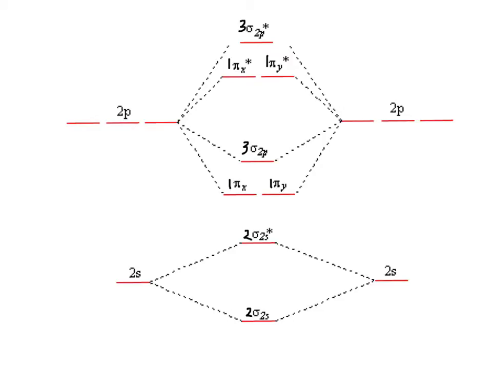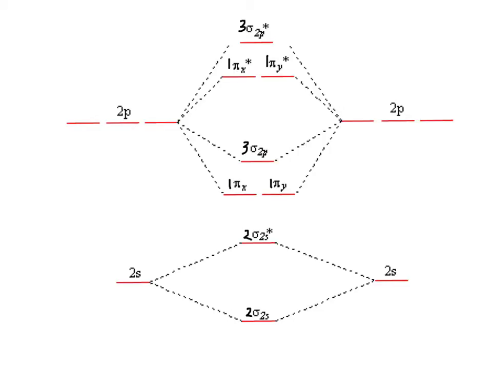And that's what you're seeing over here. So the 1 pi x and 1 pi y correspond to the bonding combination of the 2px and the 2py atomic orbitals, and the 1 pi x star and 1 pi y star are correspondingly the antibonding combinations of those two 2p orbitals.